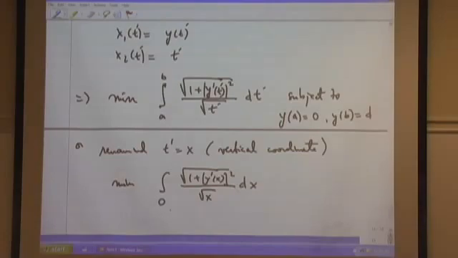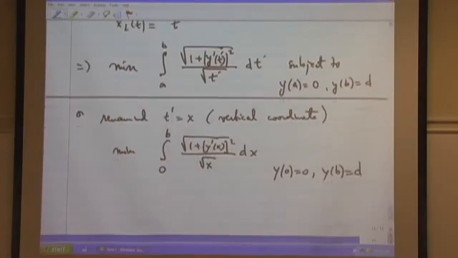You really start at 0 and you go to some number b, let's say b here, okay? With y of 0 is 0, y of b is the horizontal displacement, okay?